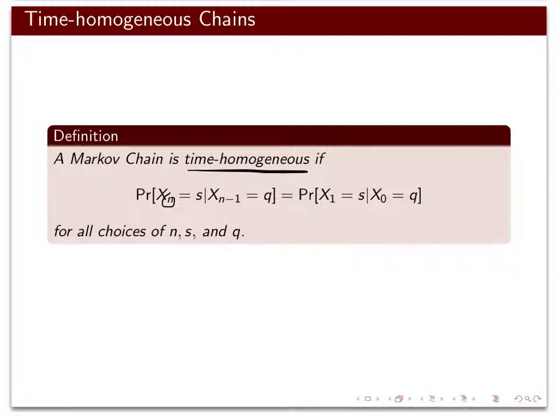If you know that the current value is 10, then you have a 50-50 chance to go to 11 or 9. That doesn't depend on what step you're at in the process. Again, the branching process is also time homogeneous. If you know that there are 100 individuals at the current step, you know what the distribution at the next step will be. It doesn't matter in what generation you are.